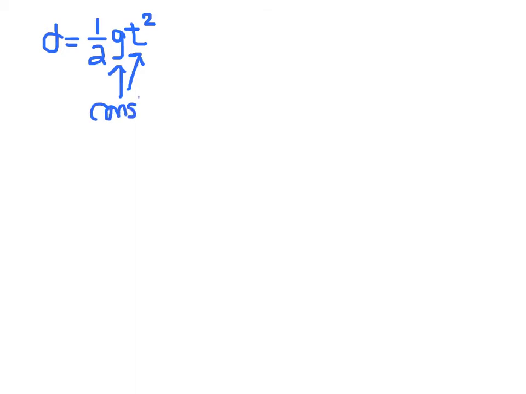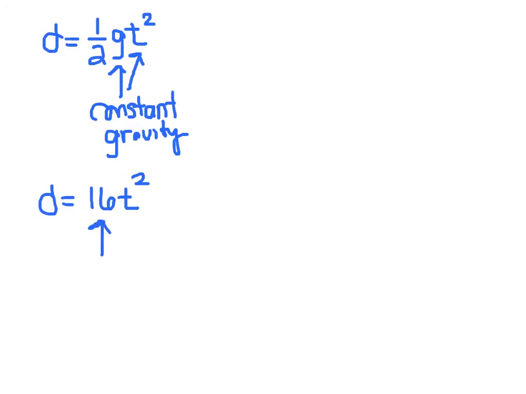In this case, if you didn't recognize this formula, it's from physics, that's gravity. So because g is a constant, this is really the equation y equals 16t squared, because the acceleration due to gravity is 32 feet per second squared. And so really, the constant is 16, and this is the power. So the answer would be yes, this is a power function.